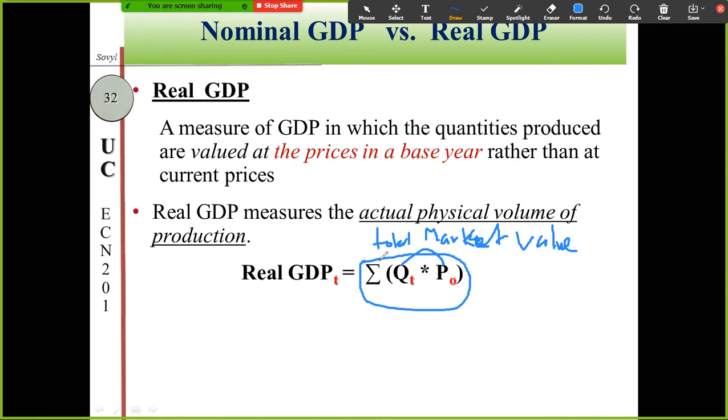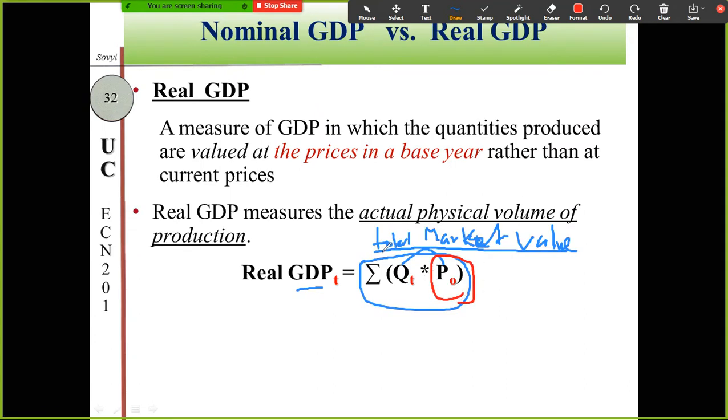But we're not sure whether this GDP is nominal GDP or real GDP. In order to understand whether this GDP is real GDP or nominal GDP, you need to look at the way that we calculate this total market value, and try to understand the price.